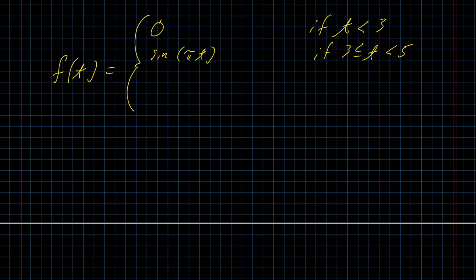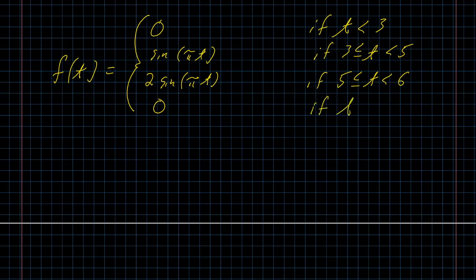F of t is going to be equal to 2 times the sine of pi t if 5 is less than or equal to t is less than 6, and then f of t is going to be equal to 0 if t is greater than or equal to 6.